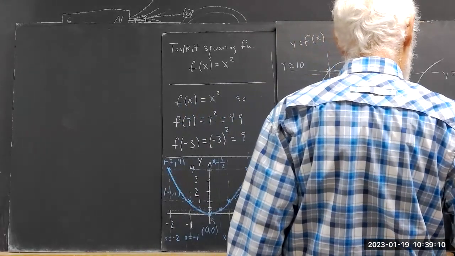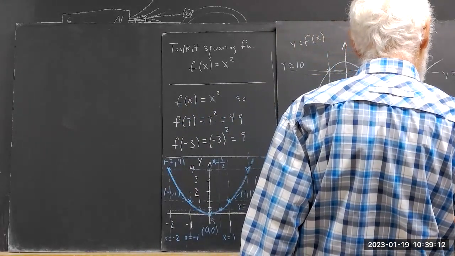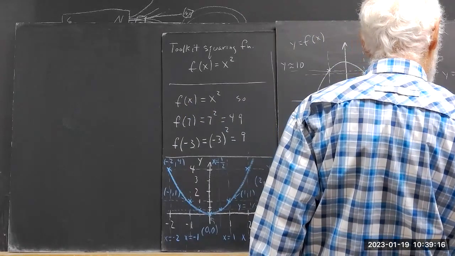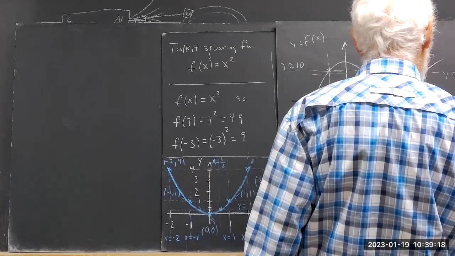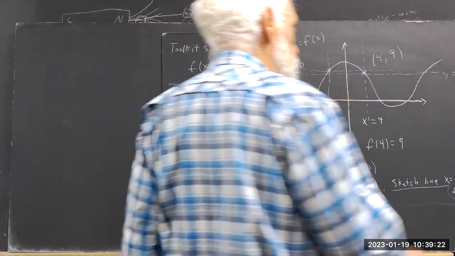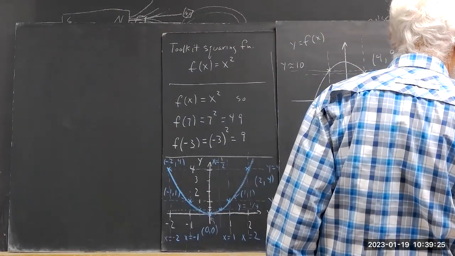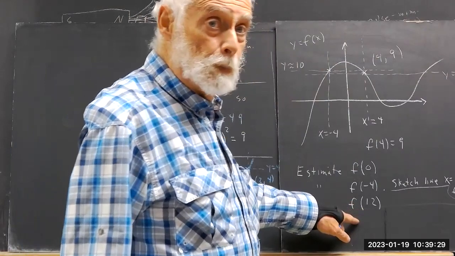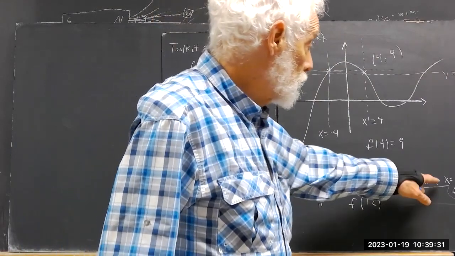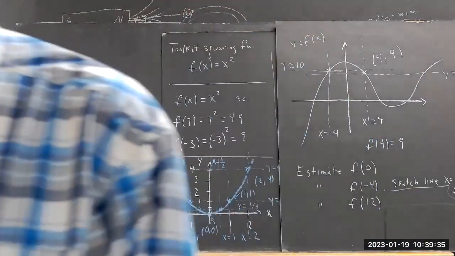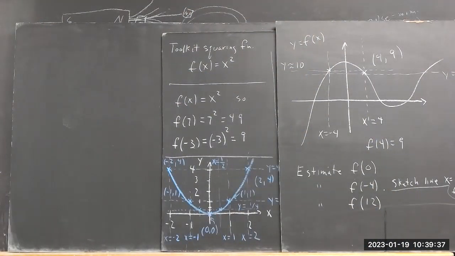So we get f of -4 was approximately 9, approximately 10. Okay, what are we going to do for f of 12? Same thing. We're going to sketch a vertical line for x equals 12. And then we figure out what horizontal line we're on.